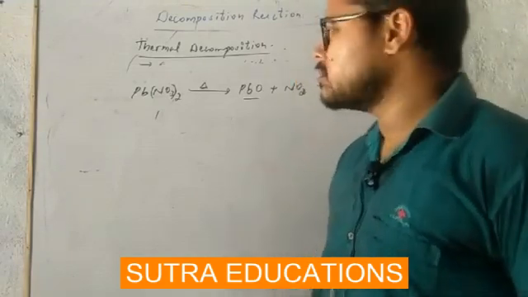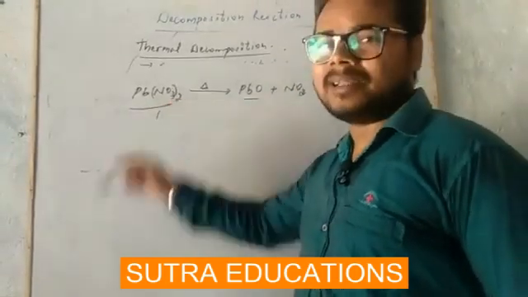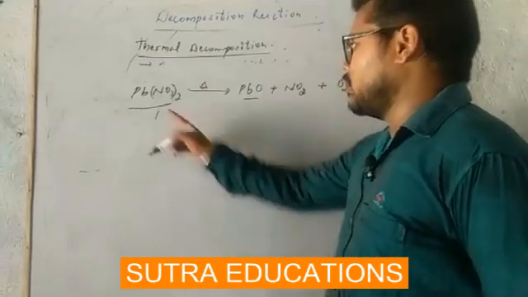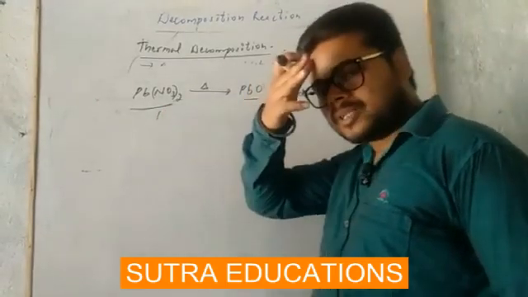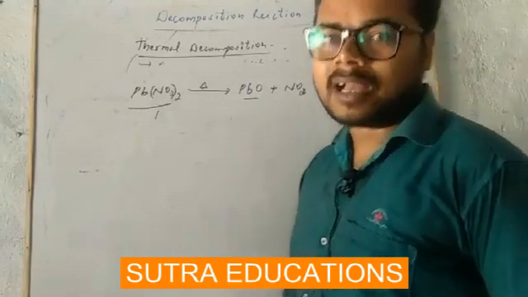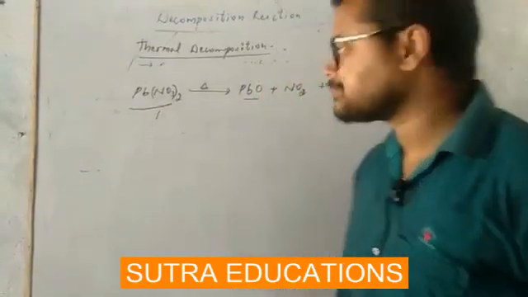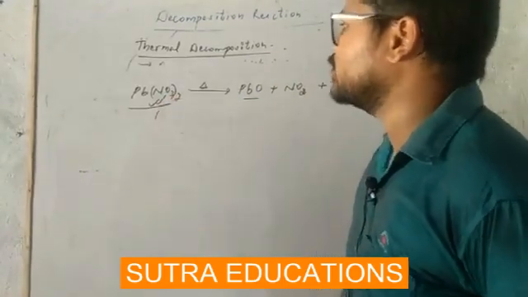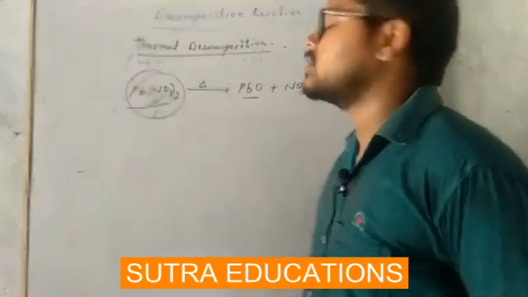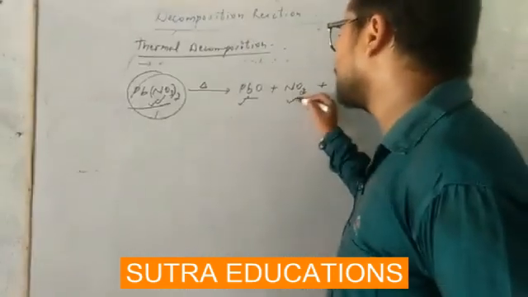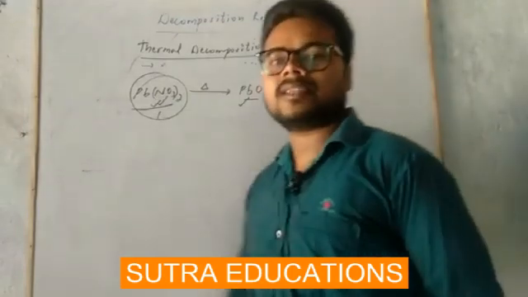Okay, you just try to balance these equations. You balance it by yourself, and if you will face difficulty, then ask me in comment section. So this is another example of thermal decomposition. Lead nitrate, on the application of heat, decomposes into lead oxide and nitrogen dioxide and oxygen gas.